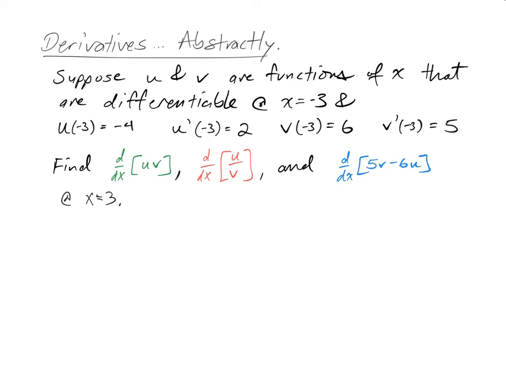So what you'll do for each of these is you will find the derivative of each using the rules. Like, for example, if you have d dx of u times v, that means you'll have the first times the derivative of the second plus the second times the derivative of the first. And all of this is happening at x equals 3.